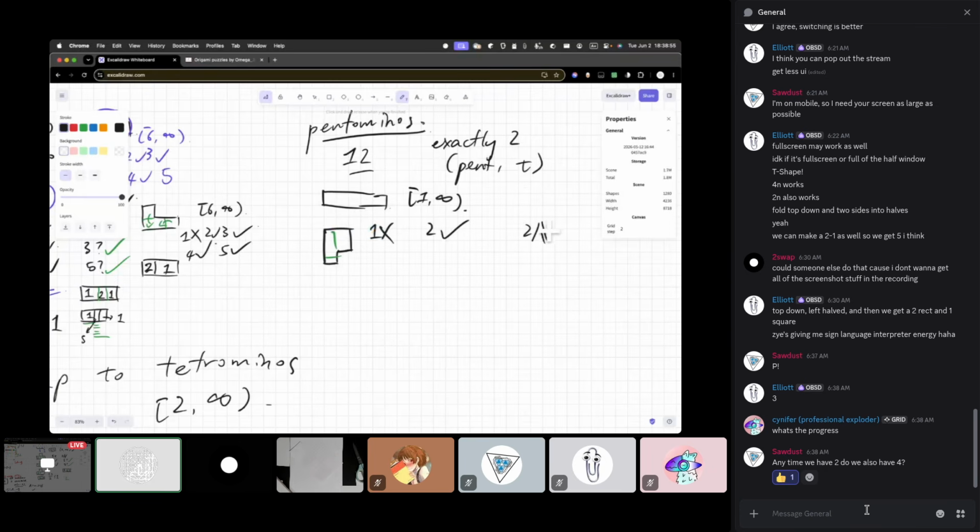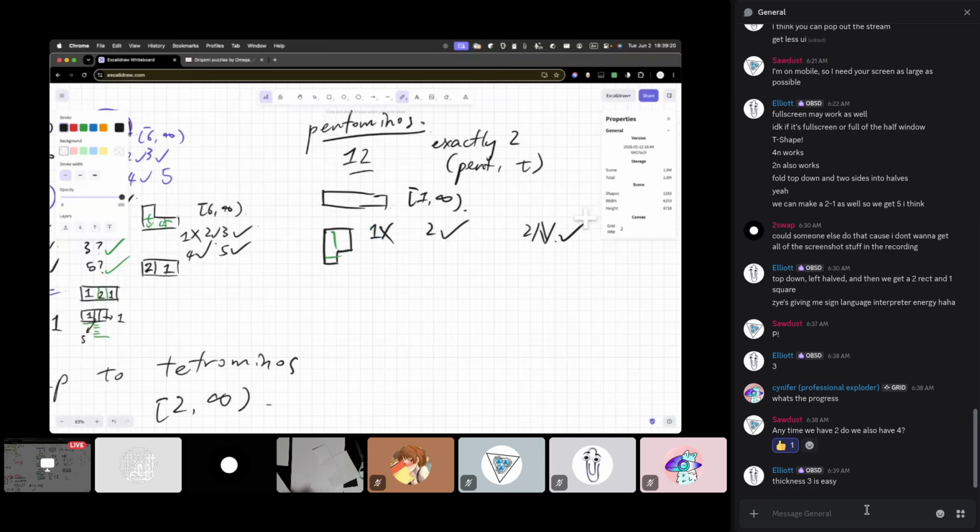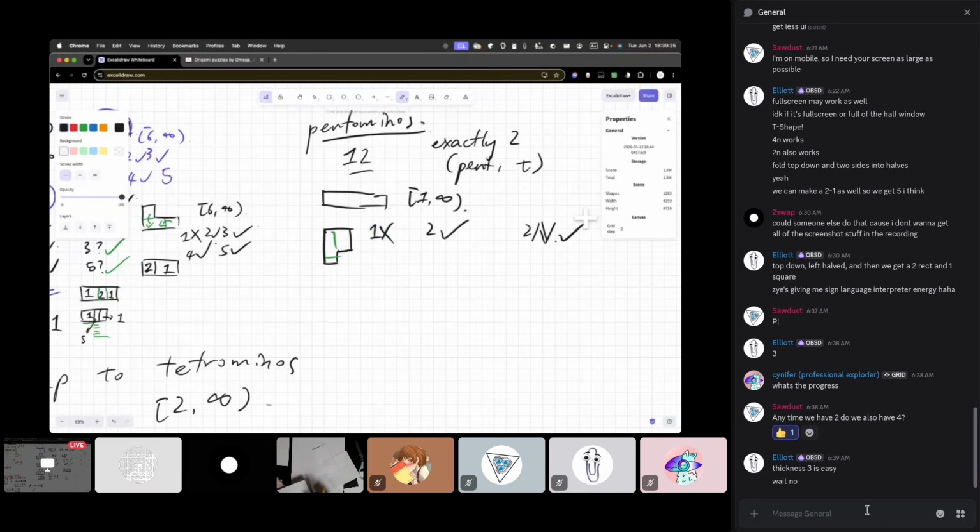So all multiples of 2 are automatically resolved. Yes. Okay. Elliot suggests 3. Is that supposed to specifically mean something, or thickness 3 is easy?